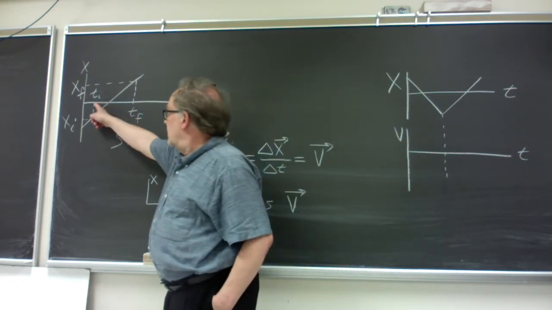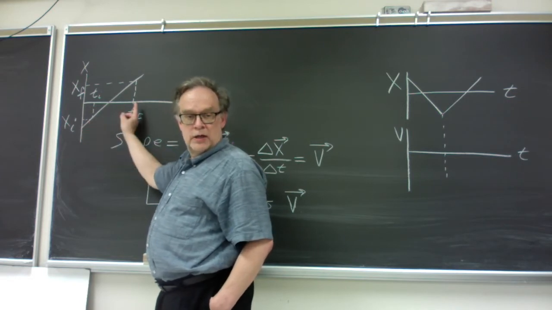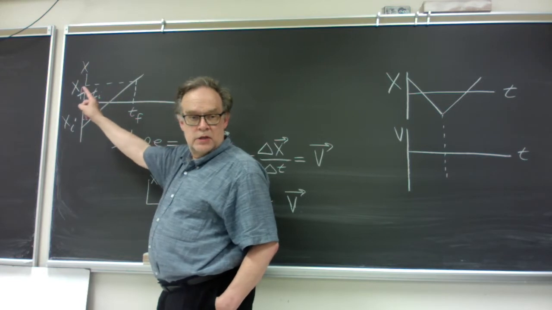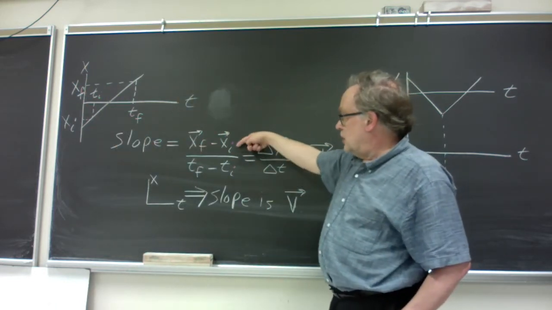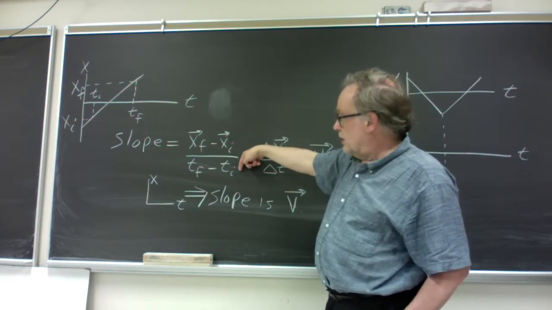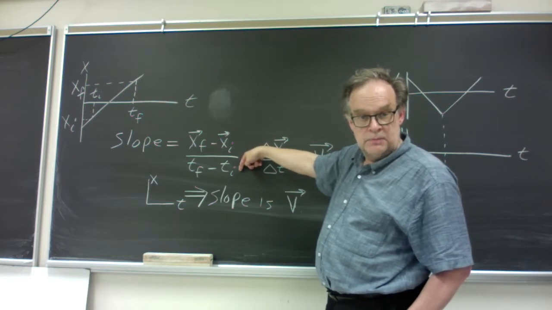Here at time initial, there's the initial location, and at final time, a later time, there's the final location. And so slope is just the change in the vertical variable, change in location, divided by the change in the horizontal variable, change in time in this case.